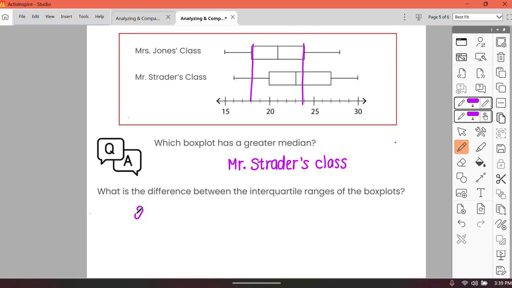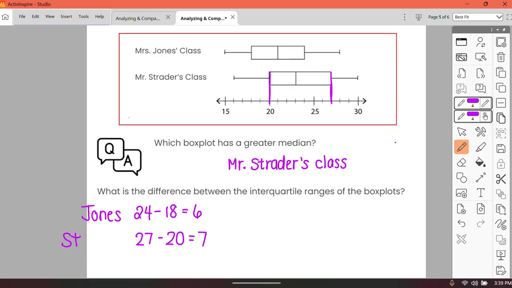It goes from 24 down to 18. So that's 6 for Jones's class. And then for Strader's class, we're at 27 and 20, which means our interquartile range is 7 for Strader's class.